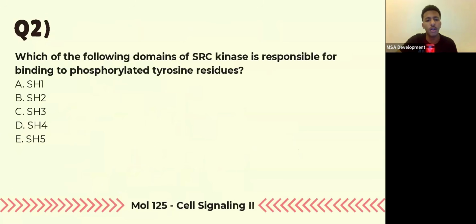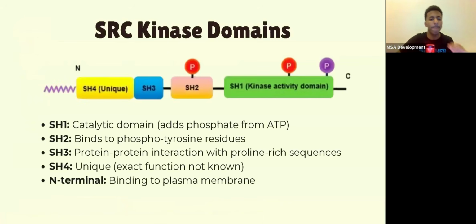Question 2. Which of the following domains of SRC kinase is responsible for binding to phosphorylated tyrosine residues? Okay, 3, 2, 1. Honestly, not much I can do. You just have to memorize this word for word, literally, because they can ask you about any single tiny detail over here.